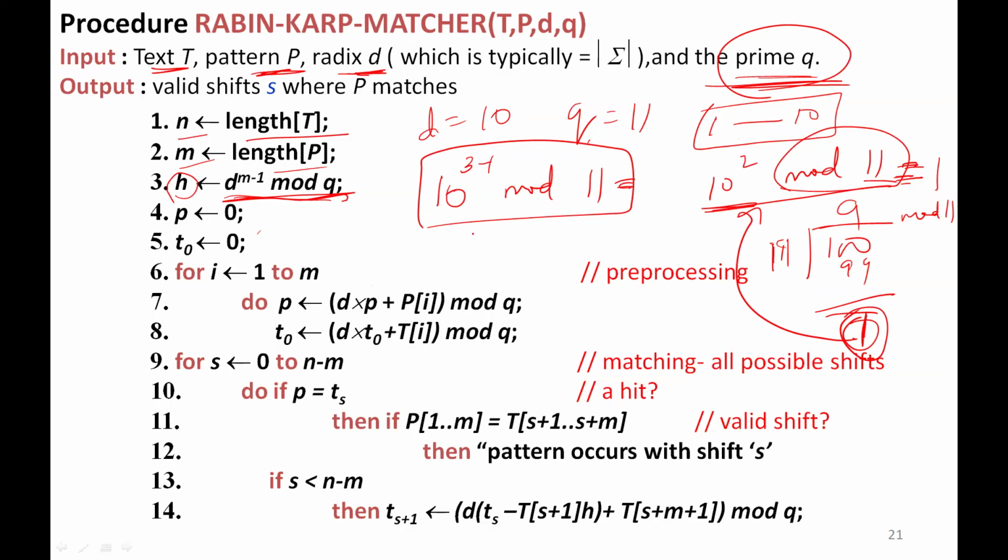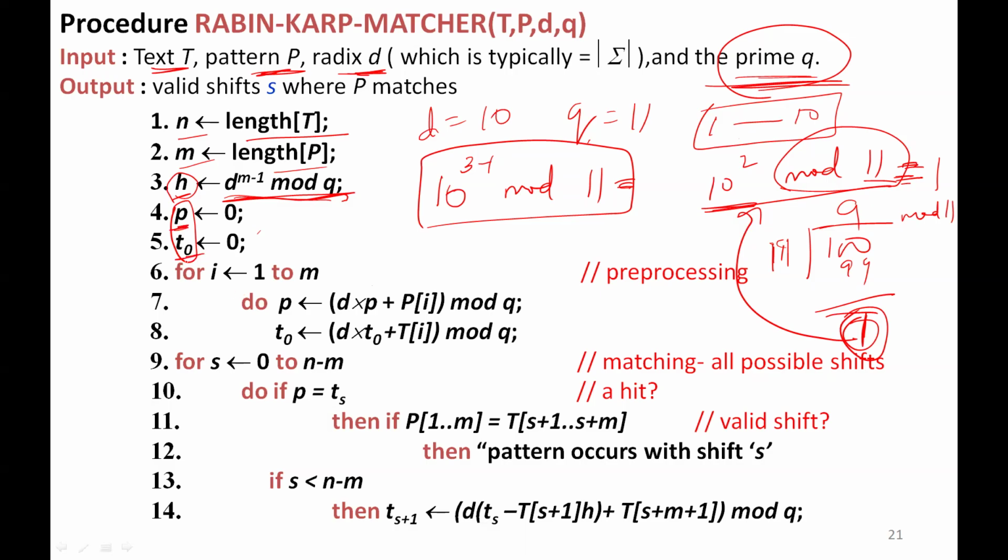Suppose the first set of characters gave you 7, and the next set is also giving you 7, but they're not matching. If you have a prime number, there's a possibility that the hash answers you get will be in a unique range. They won't coincide, so they won't have a collision. Now, P and T0 represent the hash value of the first pattern set and the first text set.